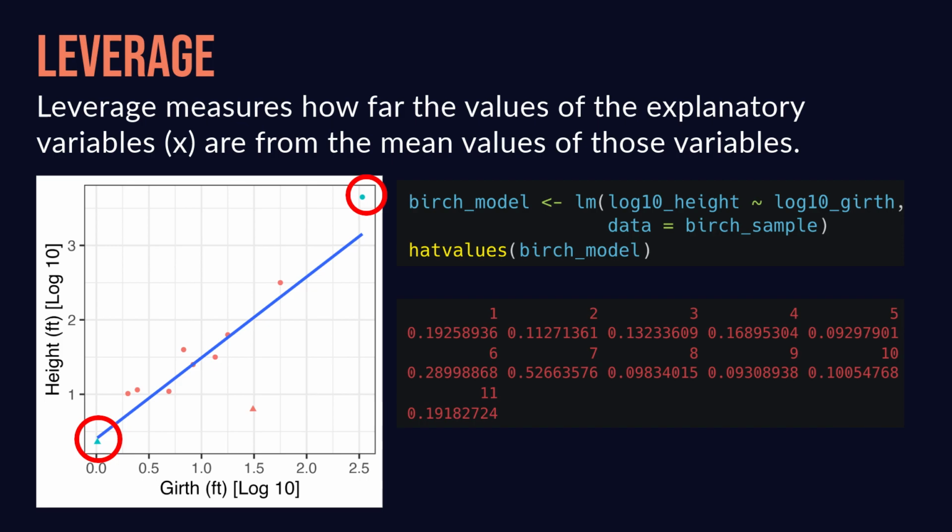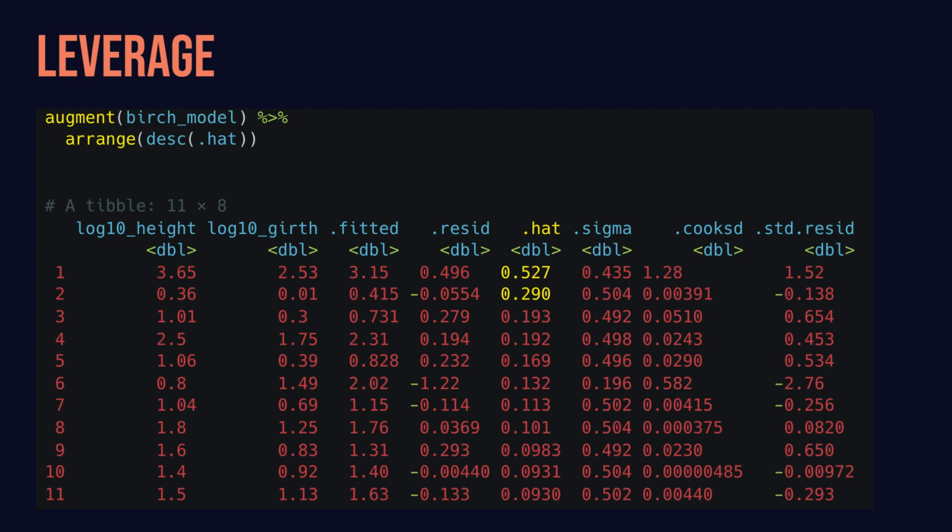The leverage values can be retrieved by calling a function called hatvalues on the model object. We have created a new model called birch_model on the sample birch data. Calling hatvalues on the birch model gives its leverage values. Alternatively, we can call a function augment from the broom package to print several parameters, including the hat values.